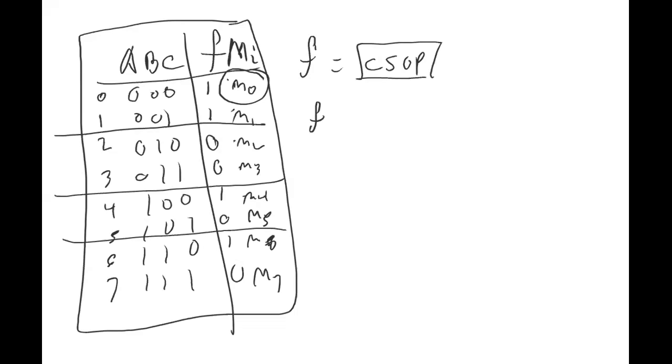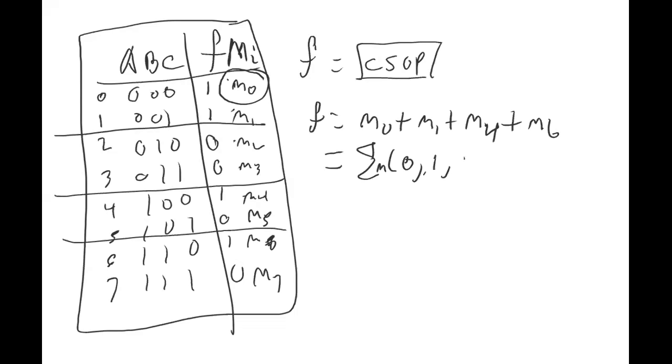So F must be equal to M0 plus M1 plus M4 plus M6. And I can write this in canonical sum of products shorthand notation: 0, 1, 4, and 6.